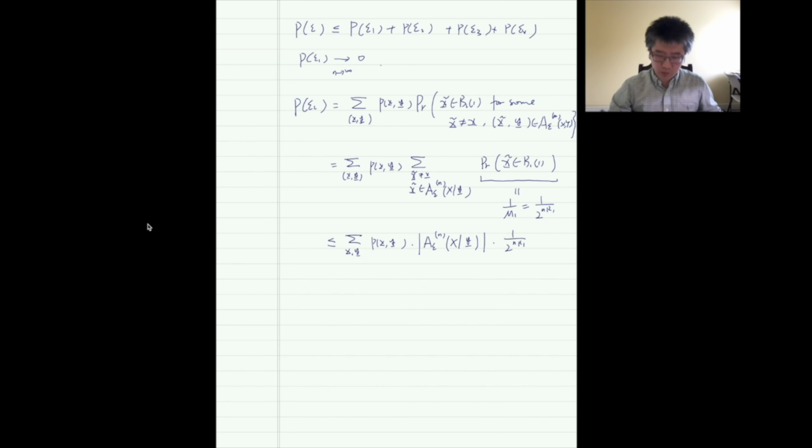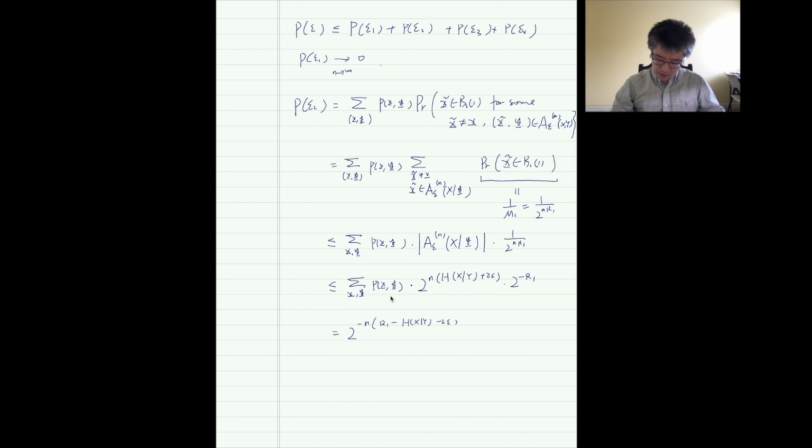The next step is to use the upper bound that was characterized before, so this is less than or equal to this times the summation, which is 1, so that equals 2 to the power of negative n(R1 minus H(X|Y) minus 2 epsilon).